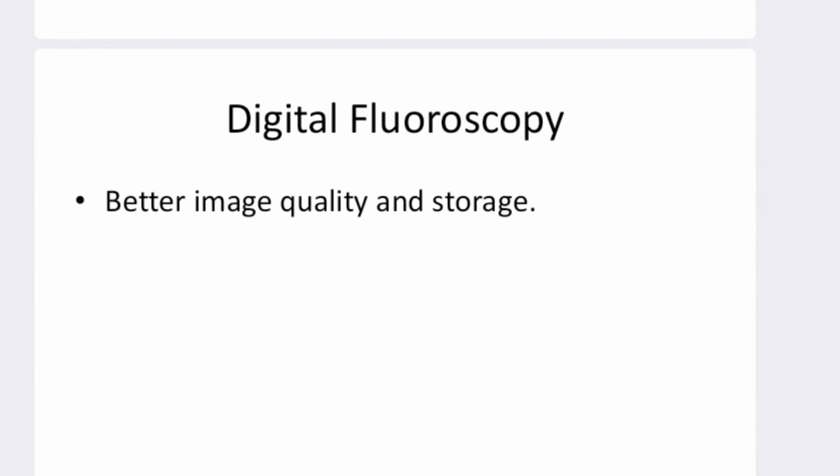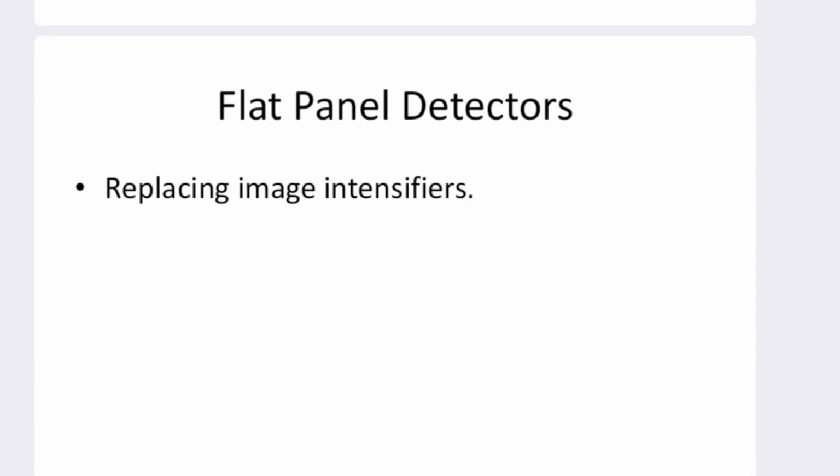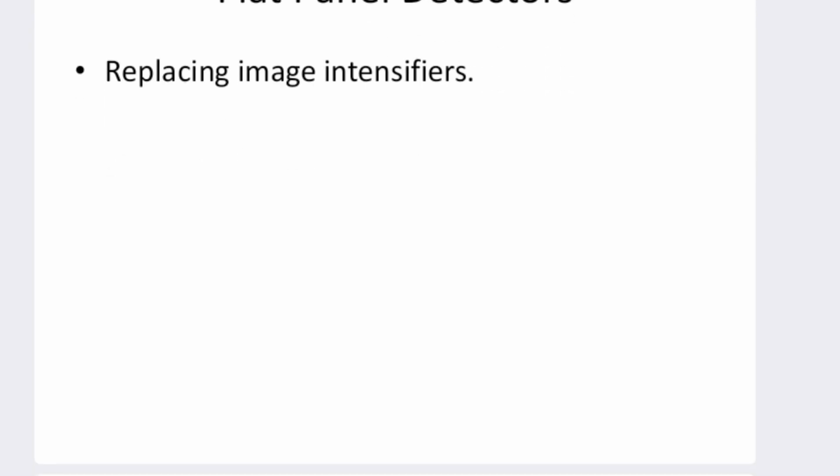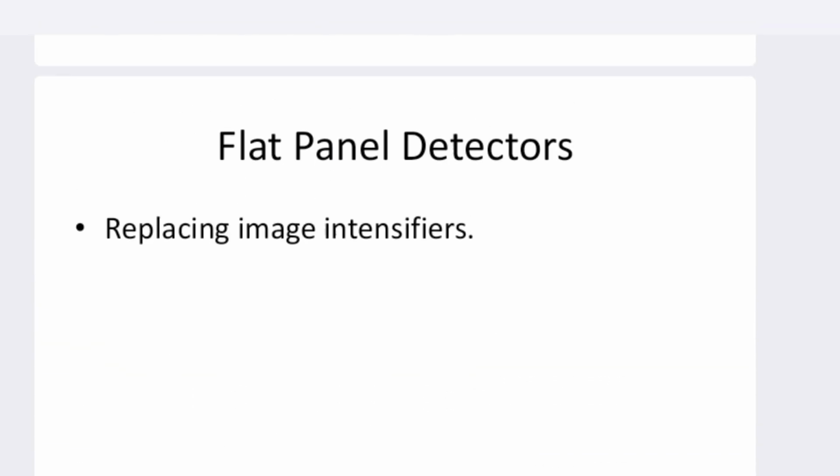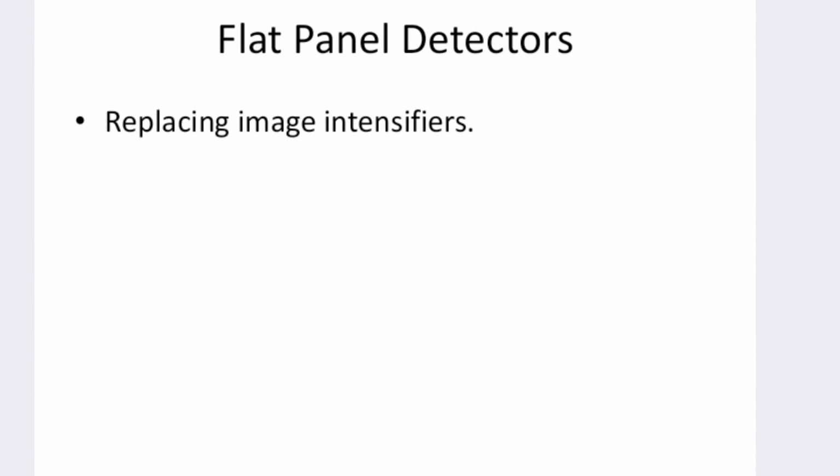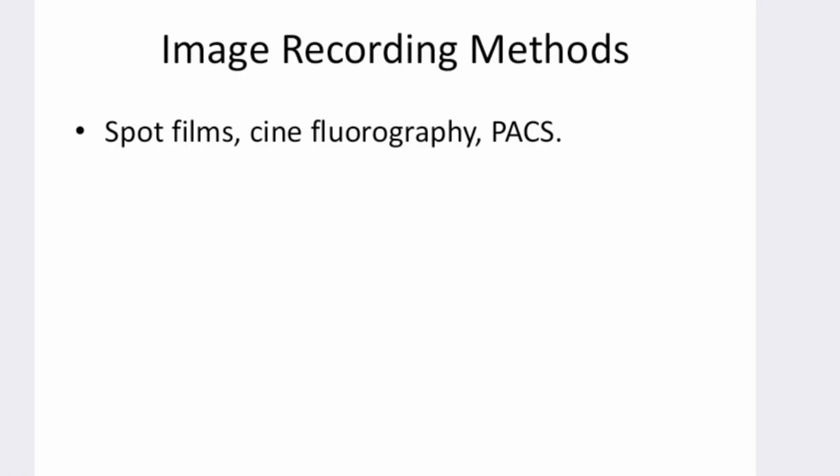Digital fluoroscopy provides better image quality and also storage. Next are the flat panel detectors. Flat panel detectors were made to replace image intensifiers, as they are much more useful than image intensifiers.